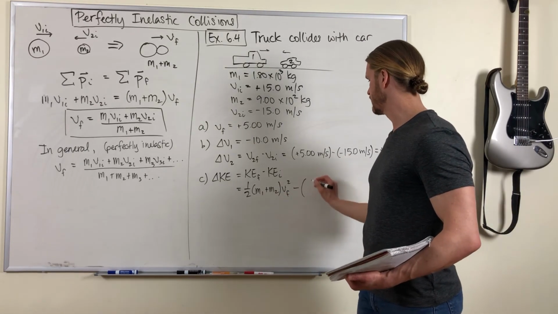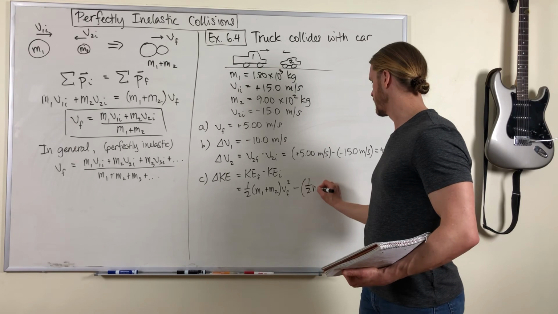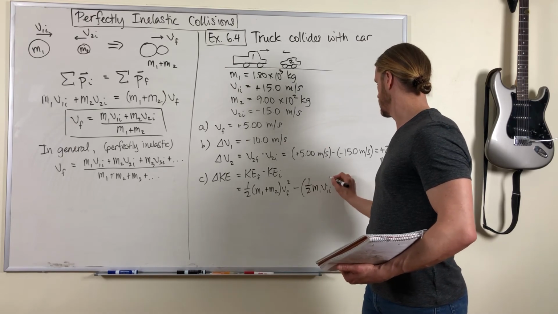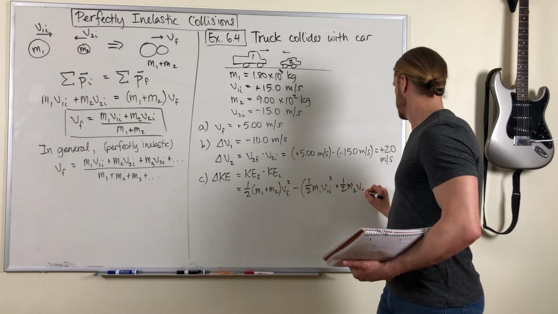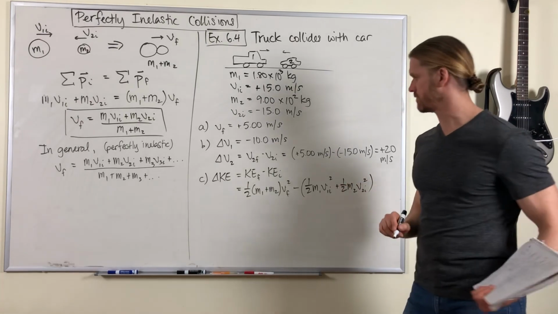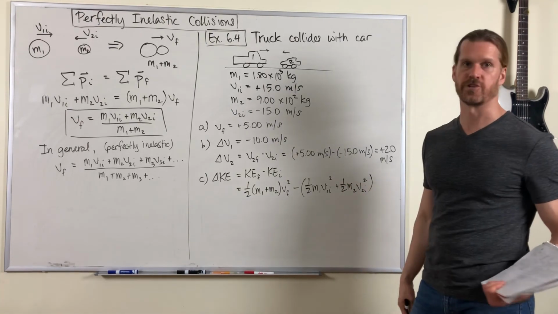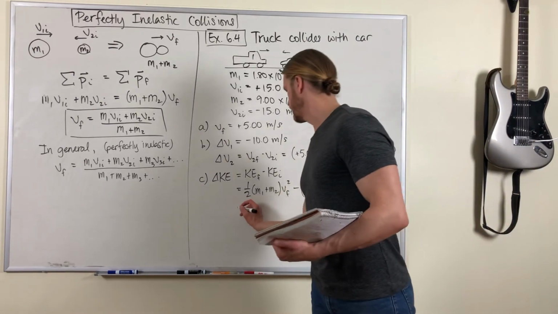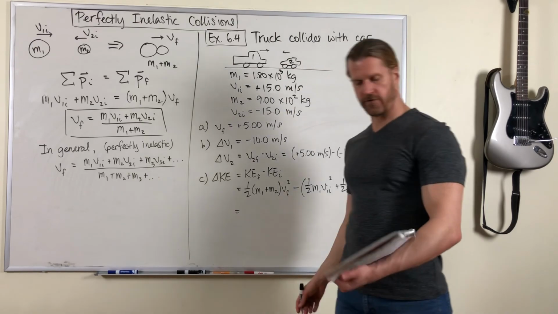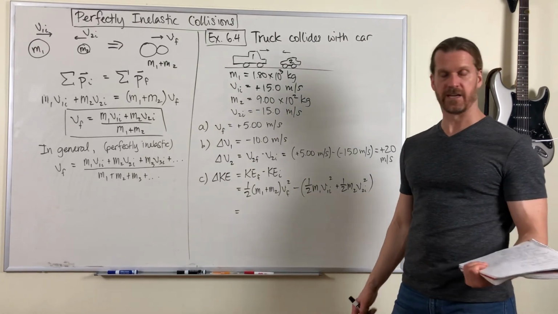And KE initial is each of these separately, because they weren't touching yet before the collision. They each have their own kinetic energy. And what you find is that this is a pretty large negative value.